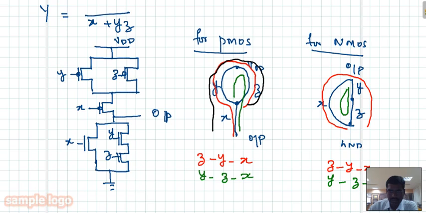So it means x, y, z. Here also I can go like this, x, y, z.